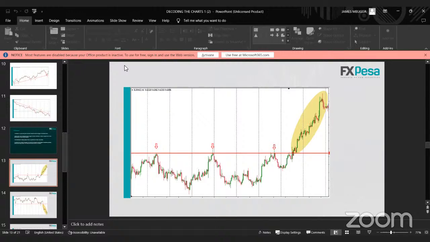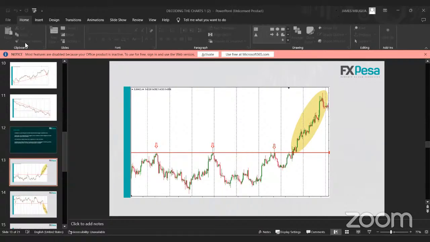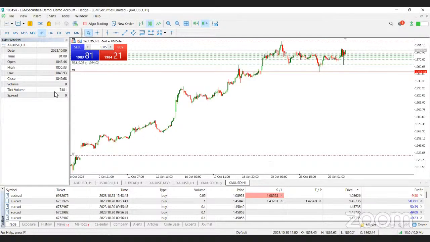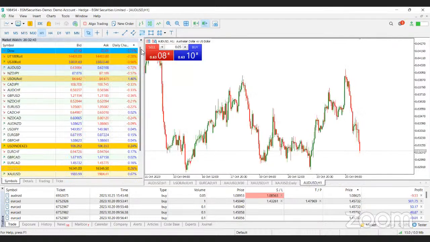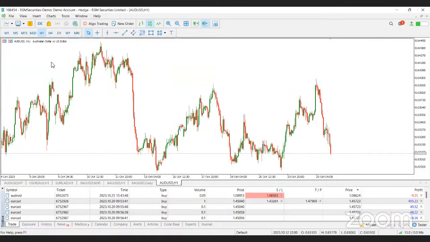So when I go to my MT5 and I open any pair, you're able to see that this is AUD USD.